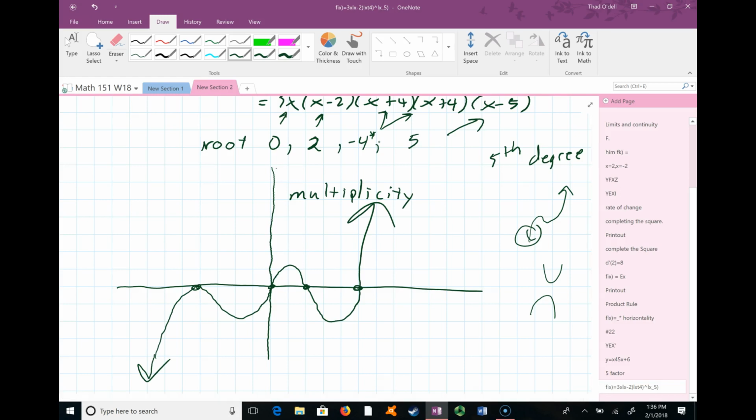Again, as I've said many times, I'm not guaranteeing that all these points are right. I don't even expect them to be in the right place, other than I know the x-intercepts are right and the end behavior is correct. And I do know that this doesn't cross here, but it does cross at these other places.